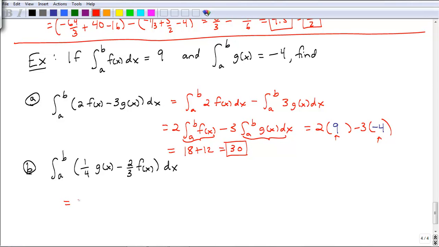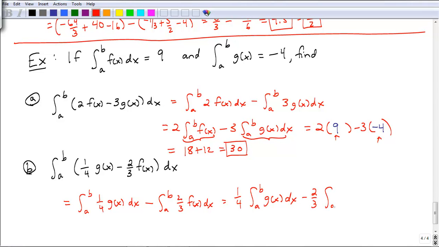The same thing. This is the integral from a to b of 1/4 g of x dx minus the integral from a to b of 2/3 f of x dx. And I can factor the constants out. So I can factor out 1/4. There's the integral of g of x minus 2/3 times the integral of f of x.